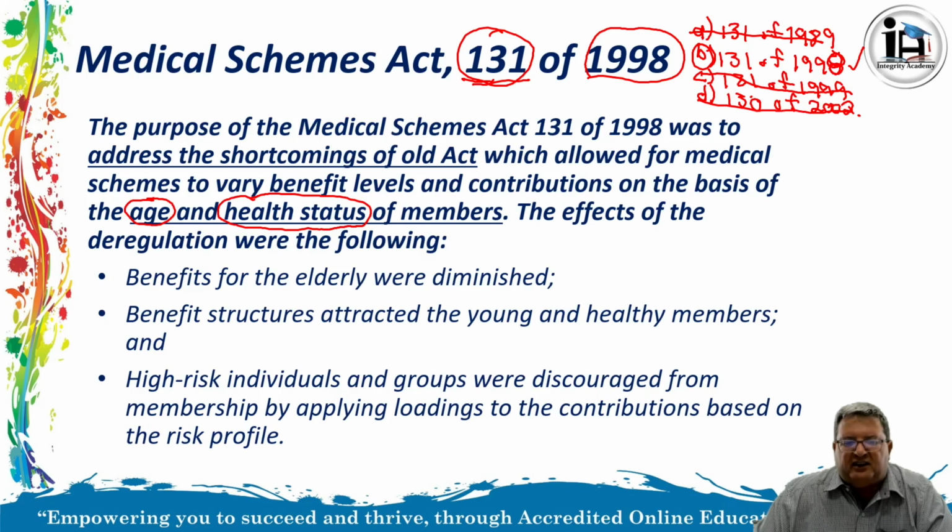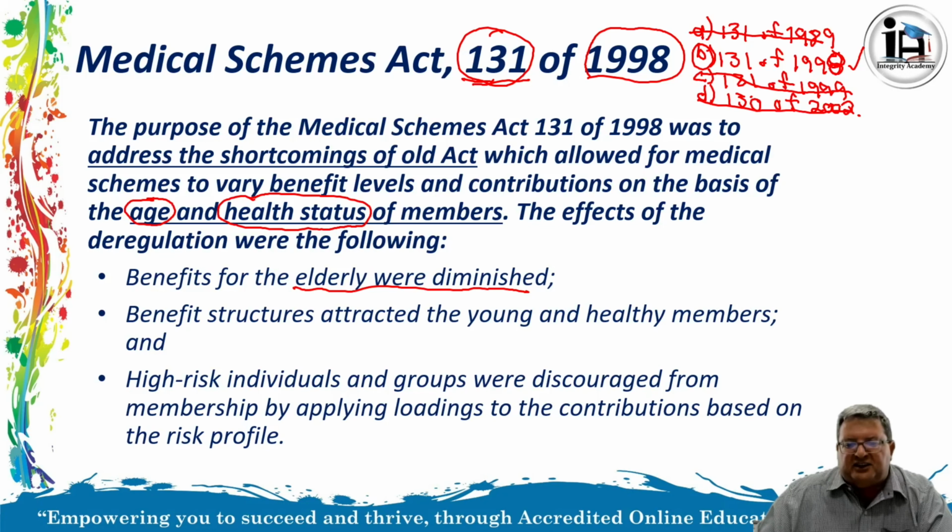Benefits for the elderly were dismissed. Benefit structures attracted the young and healthy members, and high-risk individuals and groups were discouraged from membership by applying loadings to the contributions based on the risk profile.